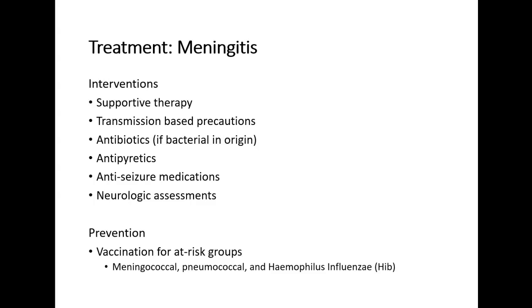So if you guys have not had a meningococcal vaccine in the last 5 or 6 years, you might just want to look that up and check it out. You can look it up on the CDC website to see how often you should be getting that. And then pneumococcal as well.